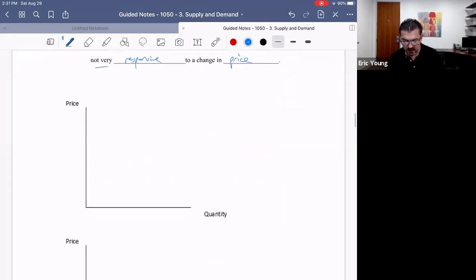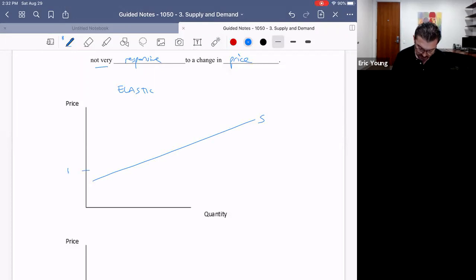Okay, let's do a couple real quick. We'll call this one here elastic. Much like demand, we typically assume that the flatter a slope is, the more elastic the curve is. We start off right here with this price. We'll call this price low. We go across, we hit it, we go down. There's quantity low.